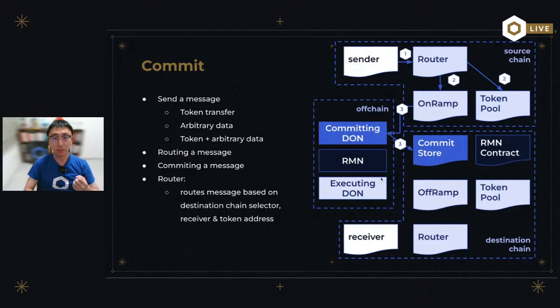For example, if someone sends me some tokens on the source chain, and this guy puts the transaction into the on-ramp, the committing DON finds the transaction in the on-ramp and relays, or commits, it to the commit store. And when this transaction reaches the destination chain, I may return some asset to his address on the destination chain, right?